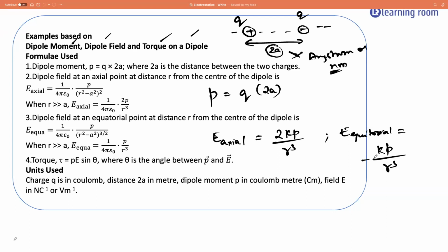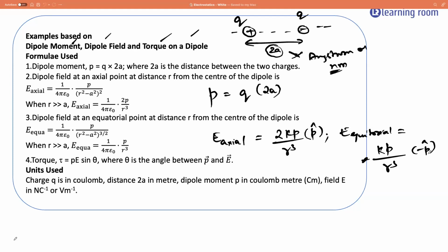The resultant is opposite to the direction of the dipole moment. So when you calculate at the axial point, the electric field is in the direction of the dipole moment, whereas at the equatorial point, it is always in the direction opposite to the dipole moment.